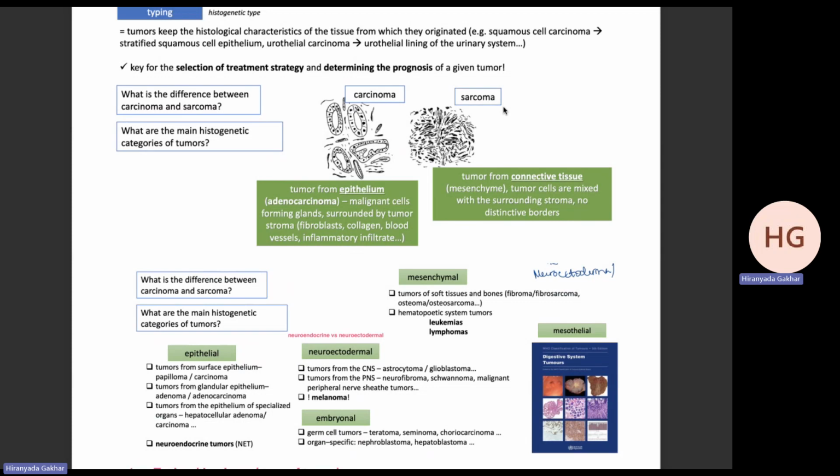Whereas the sarcoma is a tumor from a connective tissue. So this was epithelial tissue, but a sarcoma is from a connective tissue, also called the mesenchymal tumors. And these tumor cells are mixed with the surrounding stroma, and they usually don't have distinct borders.